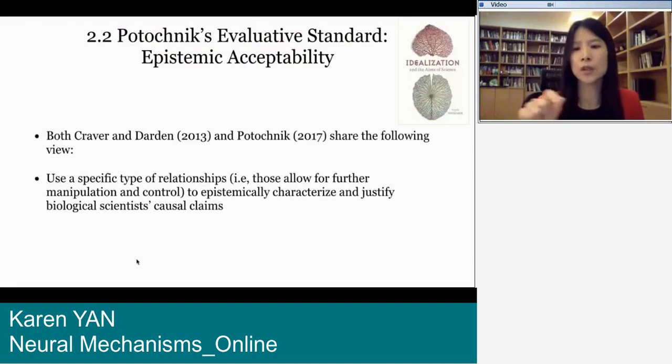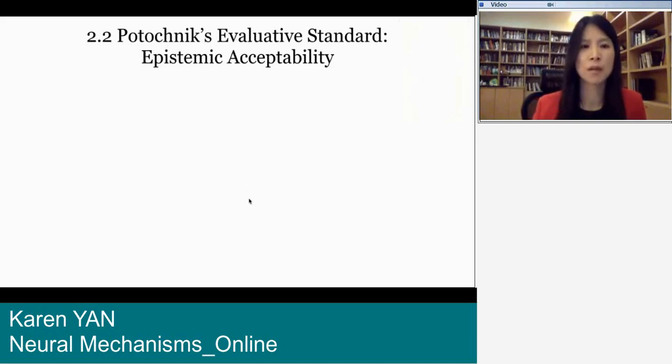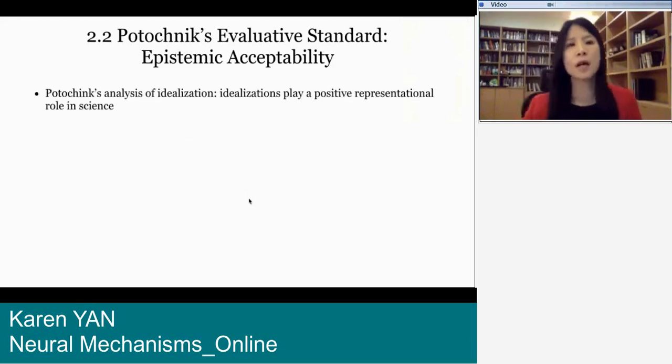And I think that we use this type of relationship to epistemically characterize and justify biological scientists' causal claims, causal representation, or their causal practice. So that's focused on Potochnik's analysis of idealization. She defends the view that idealizations play a positive representation role in science.